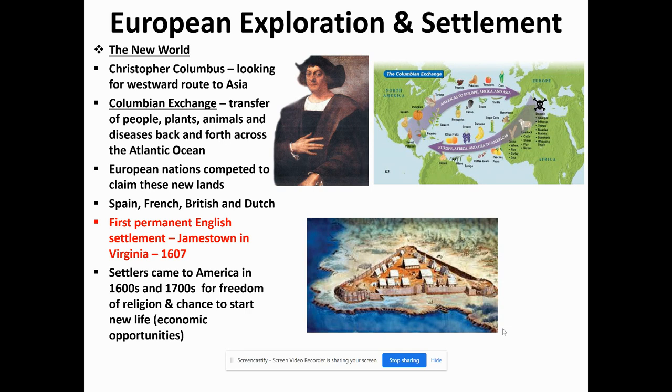And so they're willing to take this extremely dangerous trip across the Atlantic Ocean, where you could die in the process. You could die before you ever saw the New World. But so many of these people were willing to take that chance, and most of it was for religious and economic purposes that we're going to see this exchange.